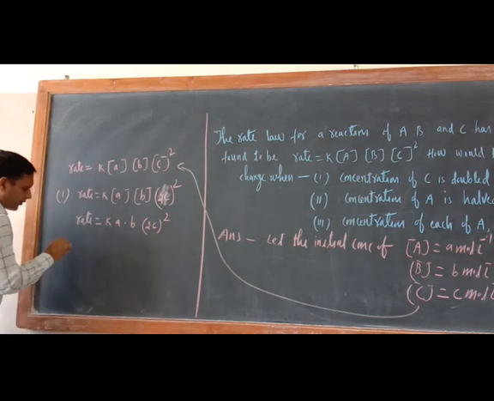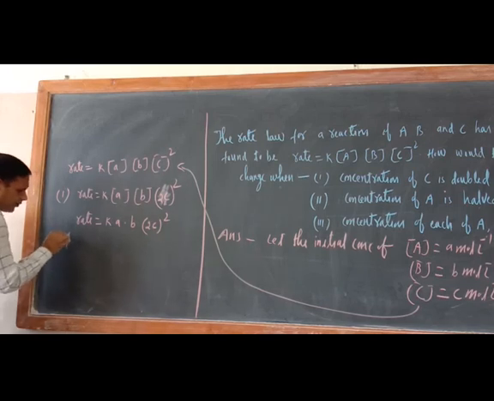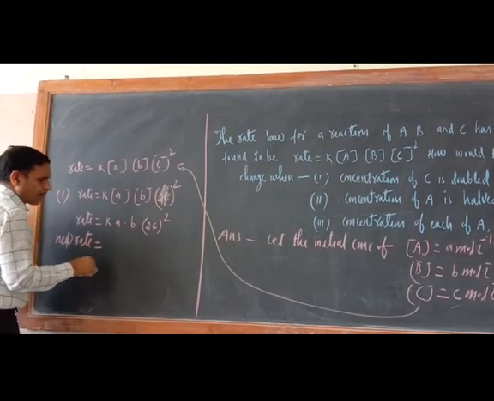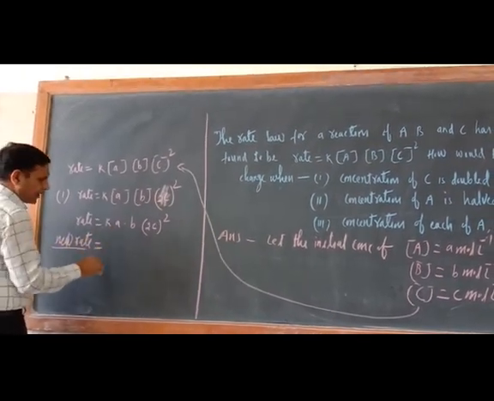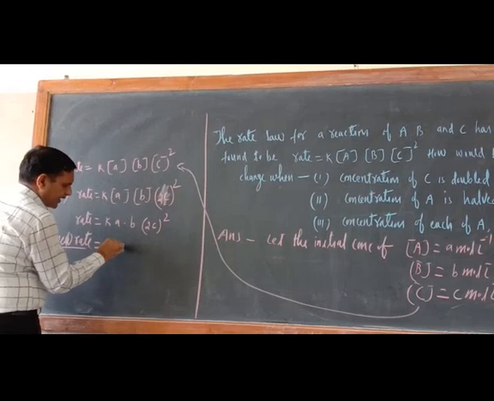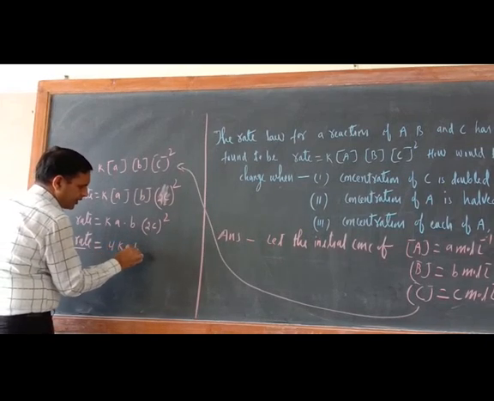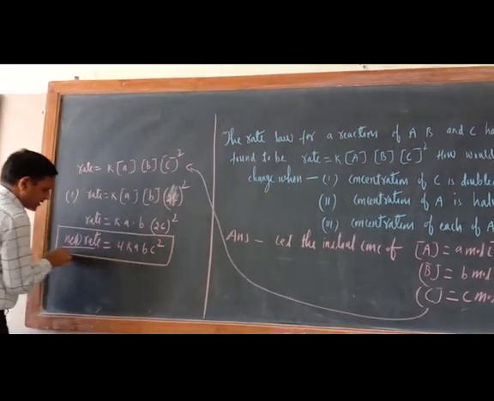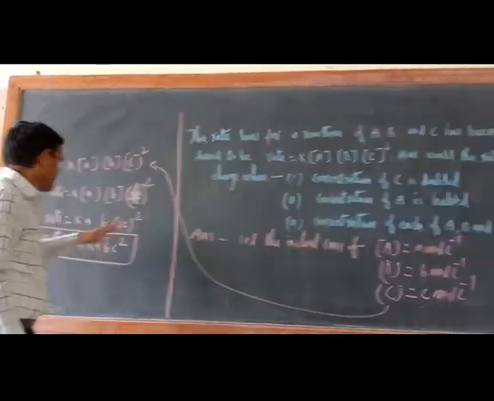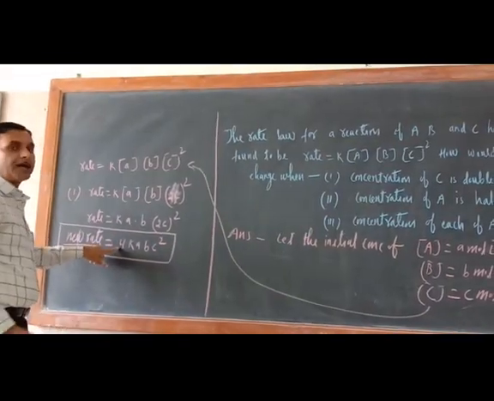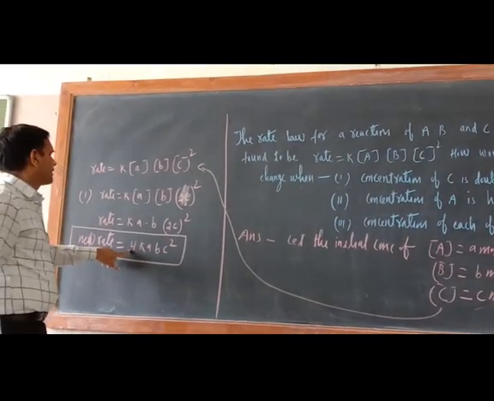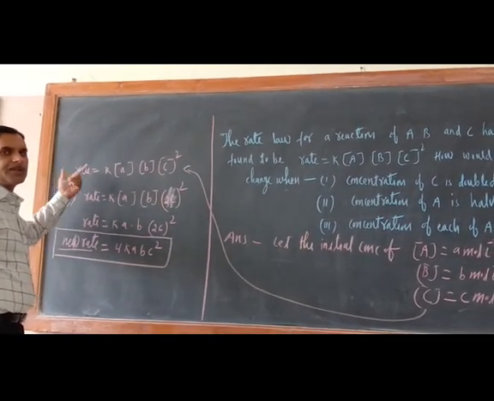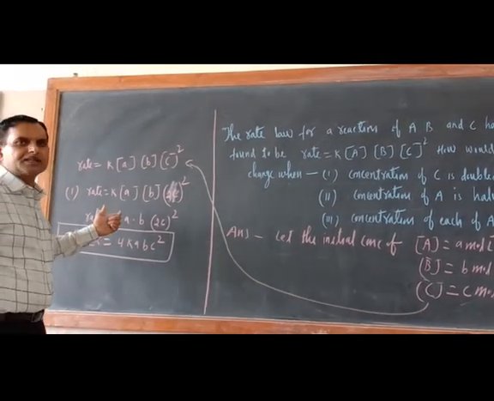So the new rate equal to 4k[A][B][C]^2. So now if you double the concentration of C, the new rate would be 4 times the initial rate. This is the initial rate. So new rate would be 4 times the initial rate when you double the concentration of C.